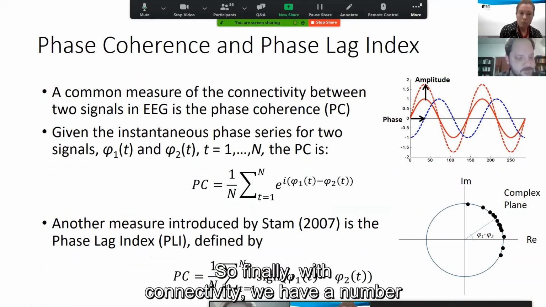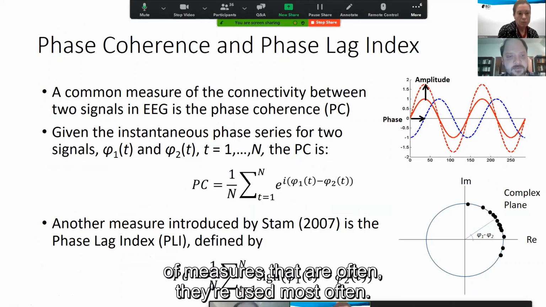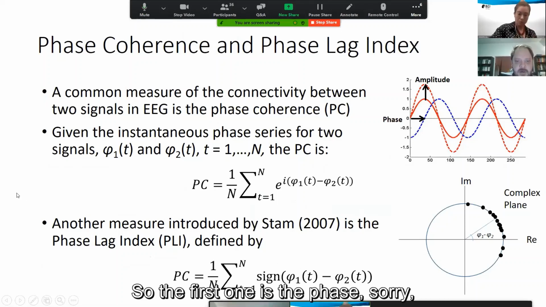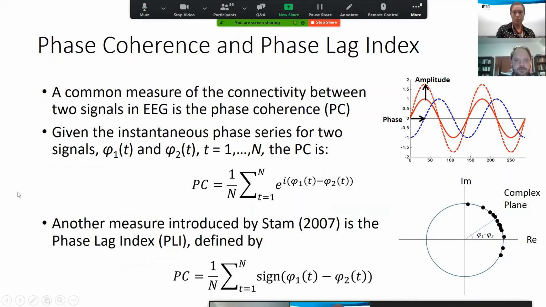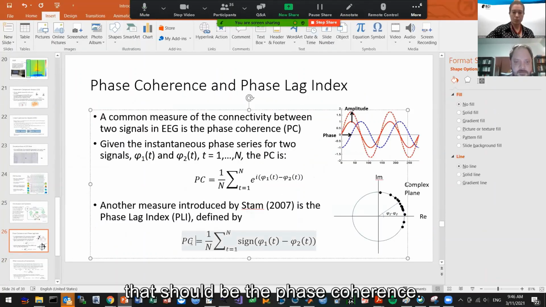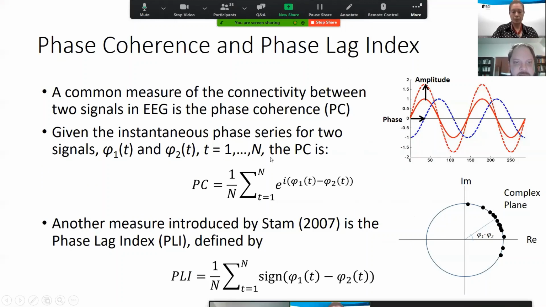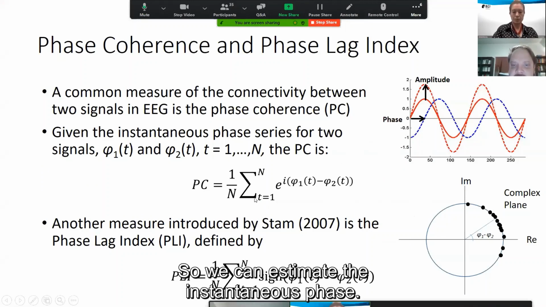So finally, with connectivity, we have a number of measures that are used most often. The first one is the phase coherence.